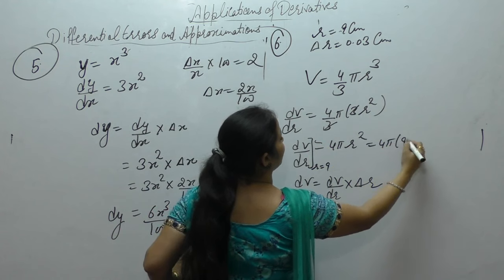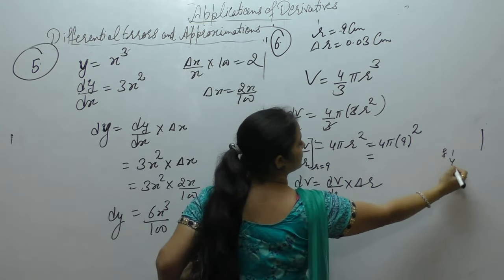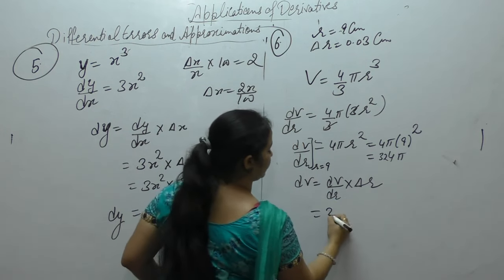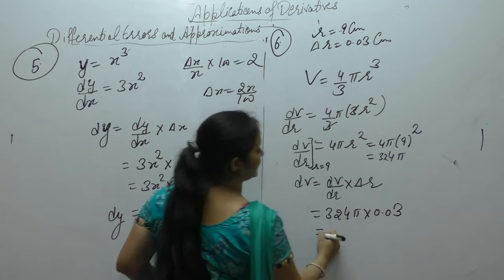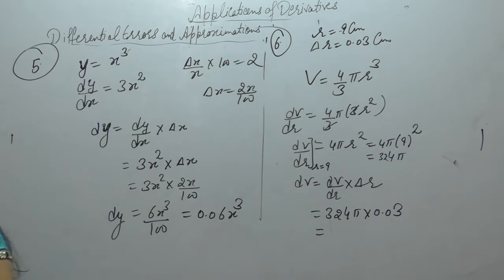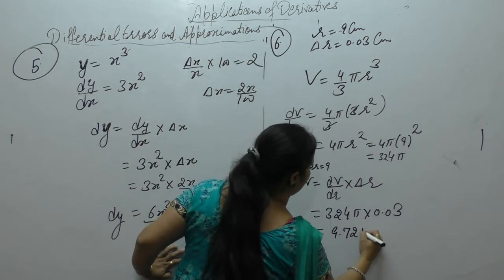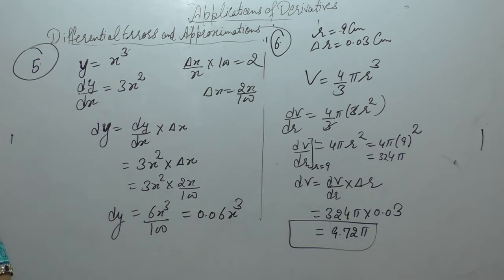Clear? dV upon dr when r is equal to 9 is 4 pi into 9 square, 81 into 4, that is 324 pi. Delta r is 0.03. 324 pi into 0.03 gives 9.72 pi centimeter cube.